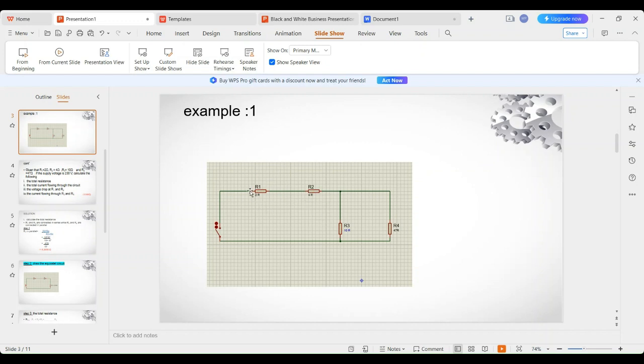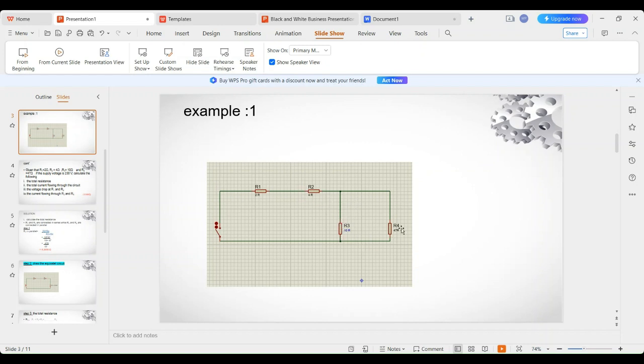Therefore, we shall have a voltage drop here and another voltage drop here. Why? We know that in a series circuit, current is assumed to be the same, flowing to each and every component, but the voltage is assumed to be different, and therefore we shall have a voltage drop here, V1, and another voltage drop here, known as V2.